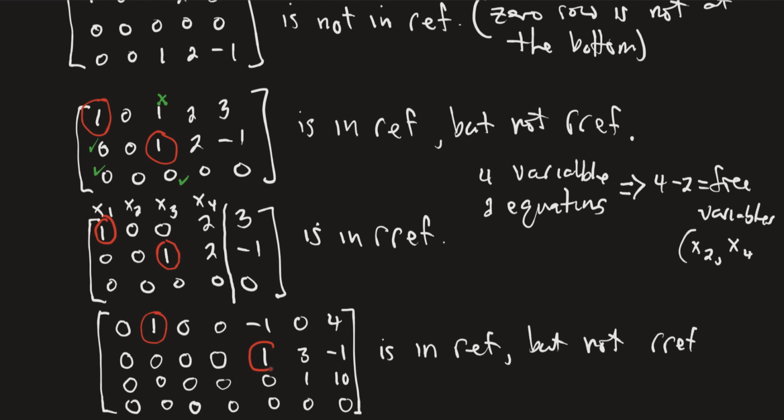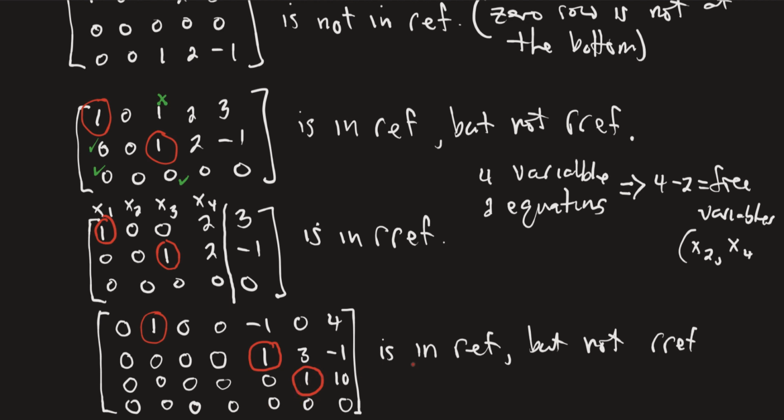Here is the first non-zero entry in the second. Here is the first non-zero entry in the third. And each time we go down a row, we go further to the right in a column to find the next pivot. So that's good, and they're all ones. Zero row is at the bottom, perfect.